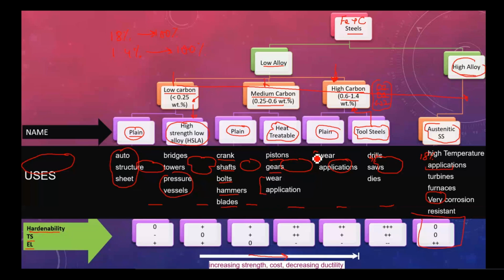High carbon steel: wear applications. Tool steels are used for drills, saws, manufacturing dies. Austenitic stainless steel: high temperature applications, turbines, furnaces. Applications that require high corrosion resistance, stainless steel is being used. So this is a generic distribution of steels that you should be aware of.